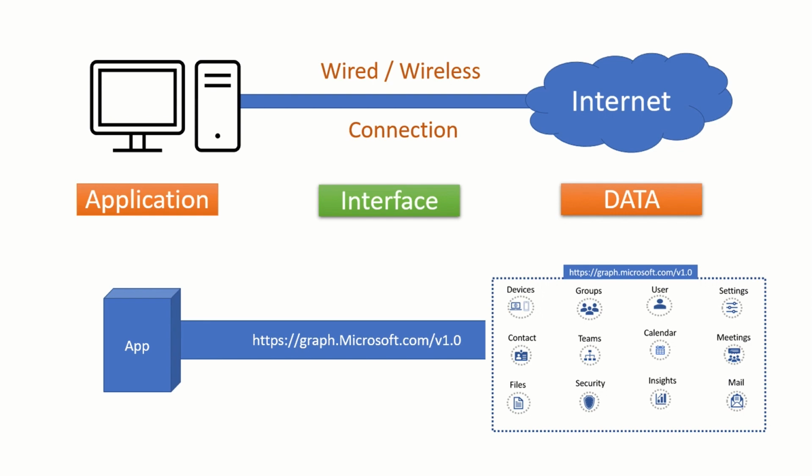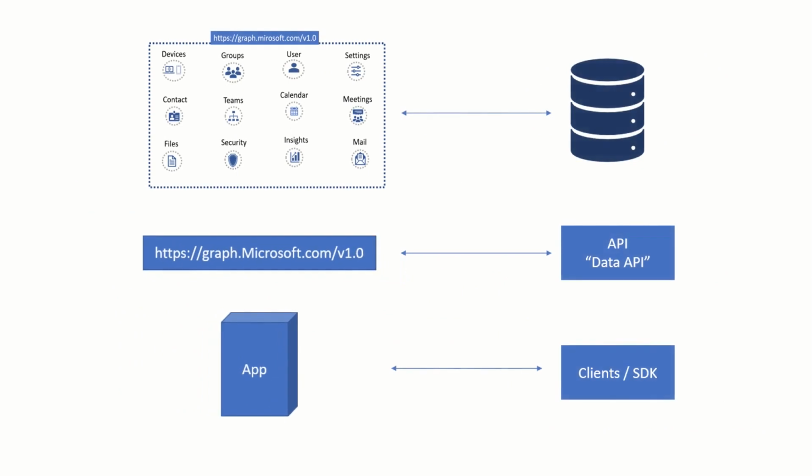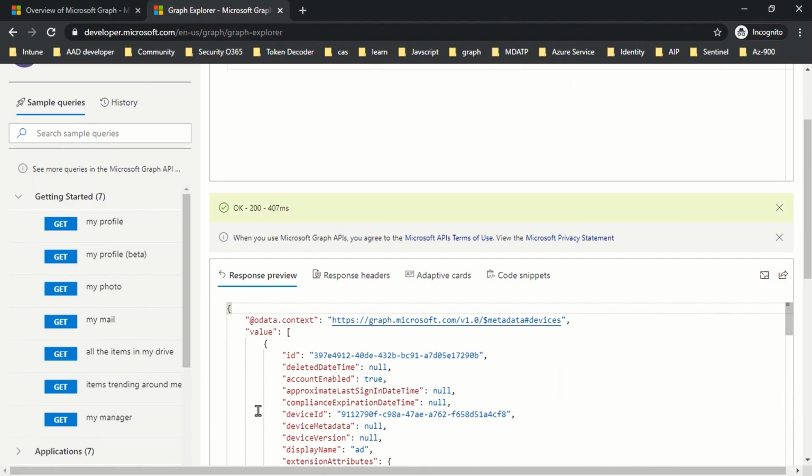So the first image that we were talking about is your database, the entire data that can be queried. The next set of information is the API, which is graph.microsoft.com/v1.0. And then you have your app, that means clients and SDKs that are available. But there is one more thing I would like to show you, and that is Graph Explorer.